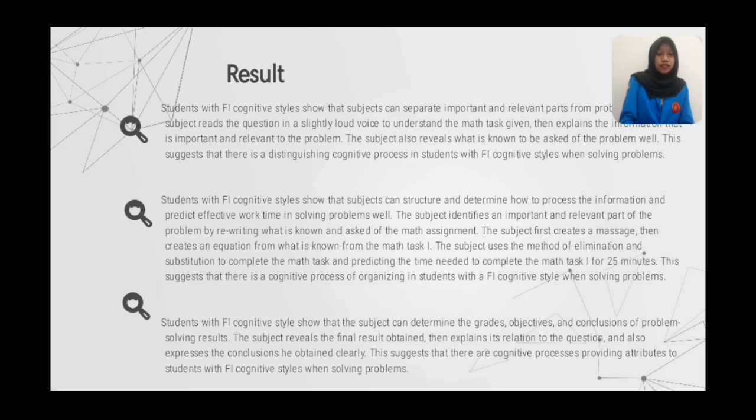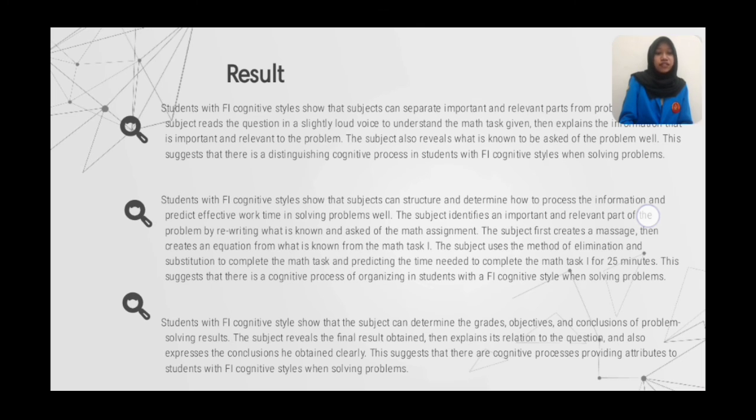This shows that there is a cognitive process of attributing in students with field-independent cognitive style when solving problems. Results of this study are in line with that expressed by Meyer. When students analyze a problem, there are cognitive processes of distinguishing, organizing, and attributing.